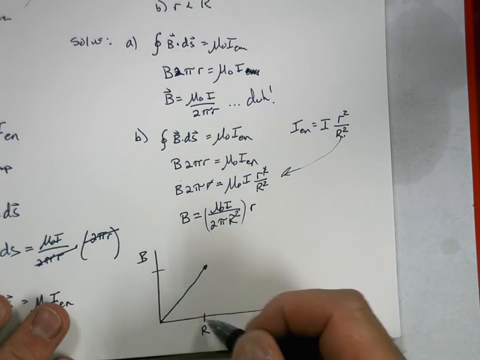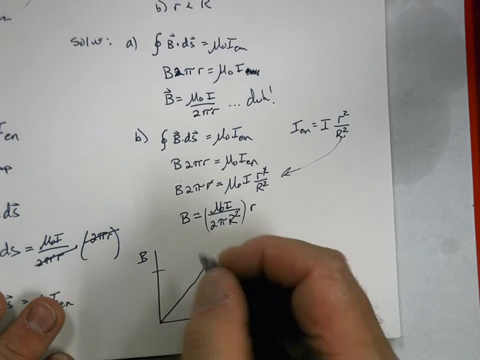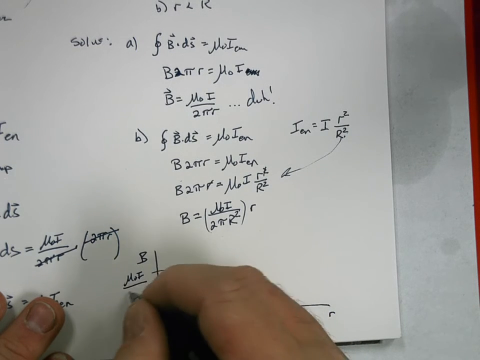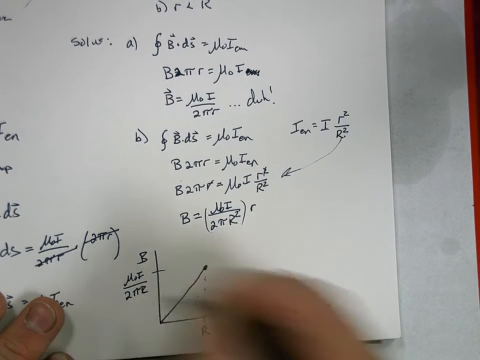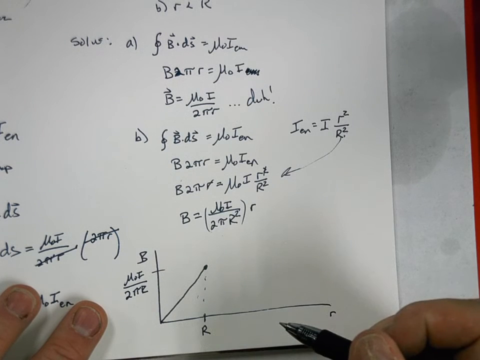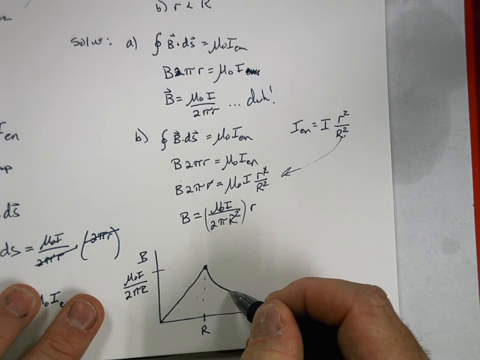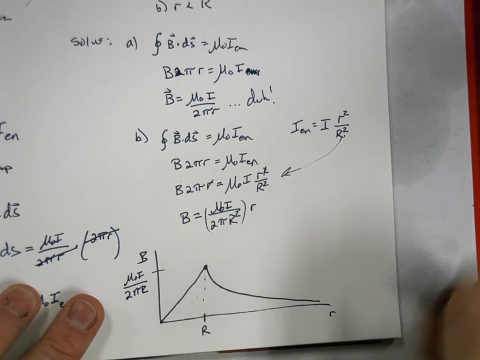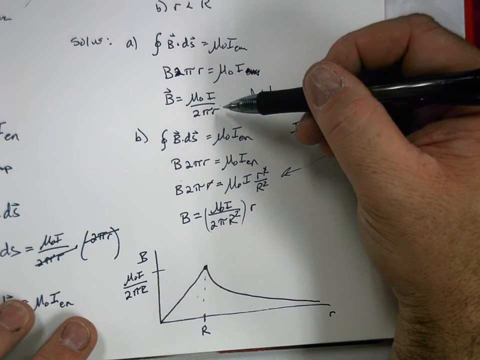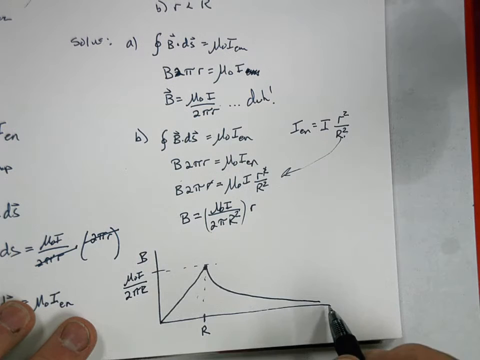It's going to be linear out to the point where this is mu naught I over 2 pi R. Then it trails off as 1 over r as we move away, and it asymptotes at 0.